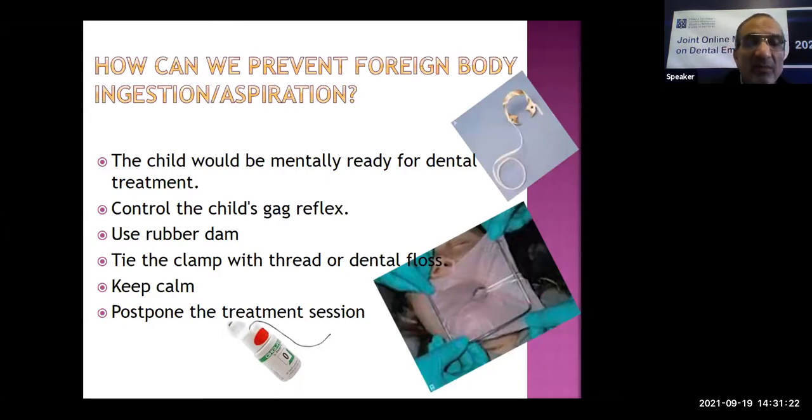Use a rubber dam clamp tied with something like dental floss. Keep calm and postpone the treatment session if you think a problem may happen.